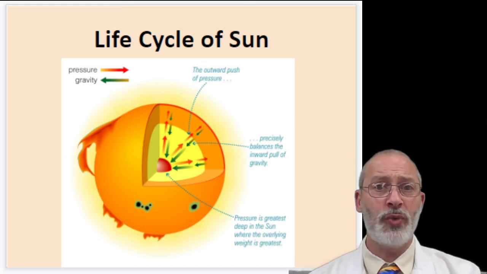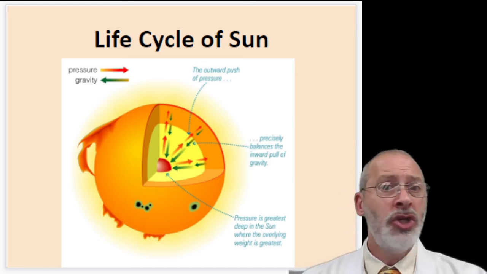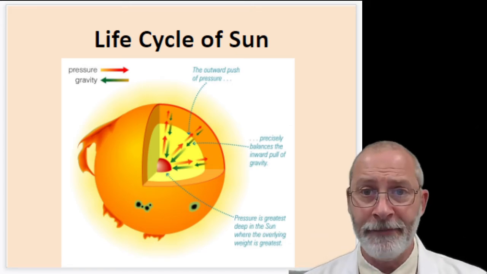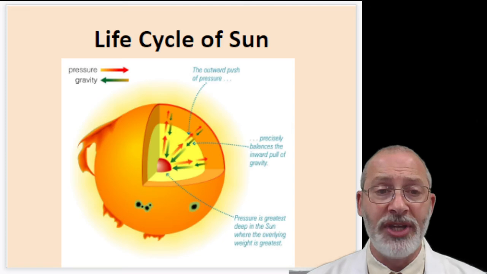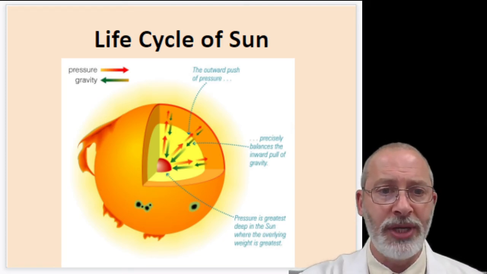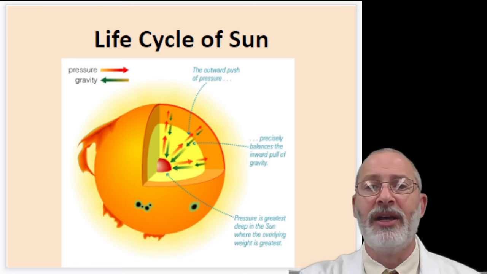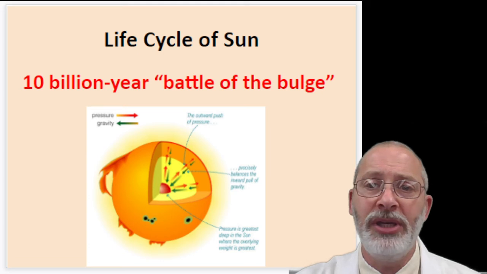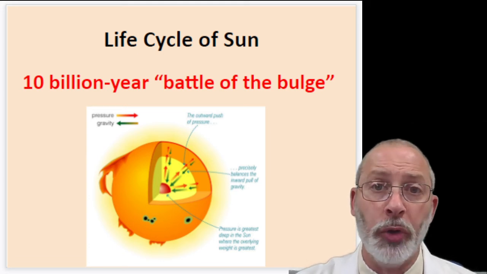As you know from last week when we studied stars, stars go through periods of growth and decline, and our sun is no different. And so we're going to talk about the different components here of the life cycle of the sun. I like to call it the 10 billion year battle of the bulge.